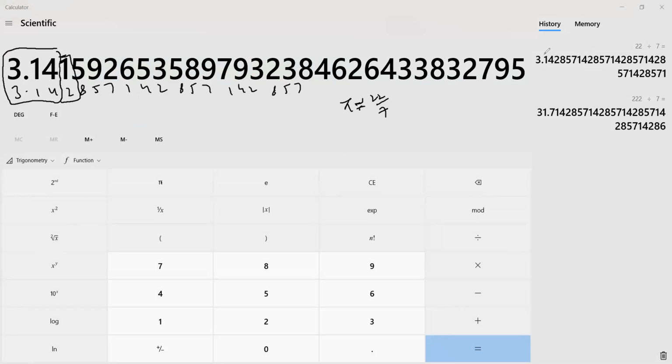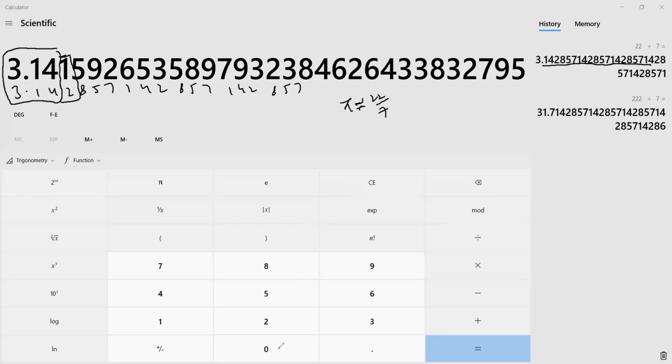Otherwise, this is the value of 22 over 7, and this is your pi. So from here, you must remember that pi is an irrational number, while 22 over 7 is a rational number. Whenever you see recurring decimals, never say that a recurring decimal shows an irrational number.